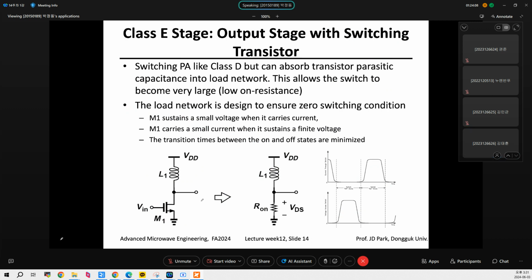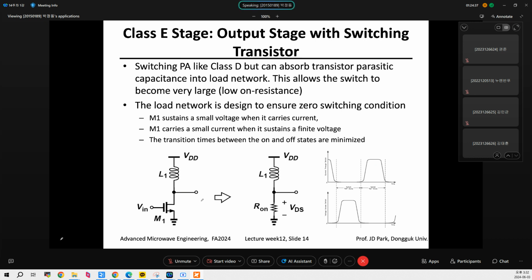This class E amplifier is also a switching amplifier, but the switching mechanism is a little bit different from the class D amplifier. The beauty of the class E amplifier is that it can absorb parasitic capacitance into the load network.